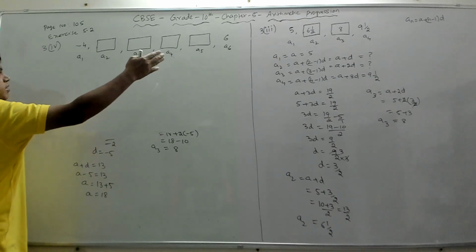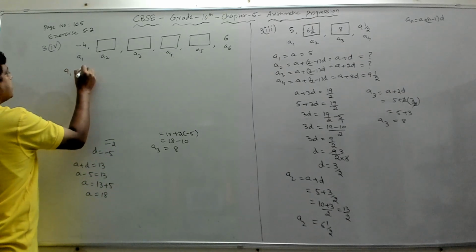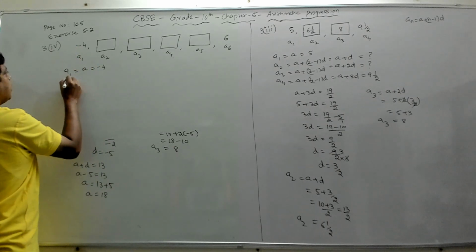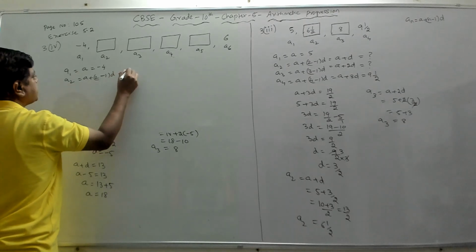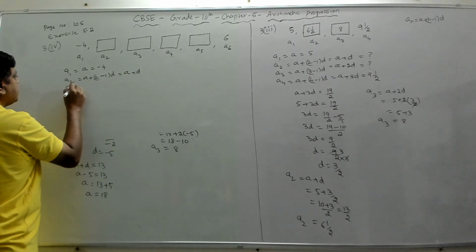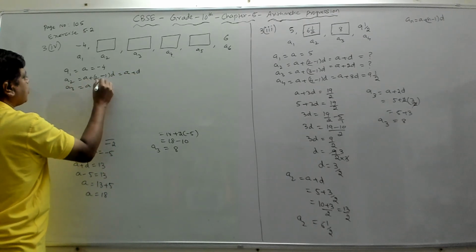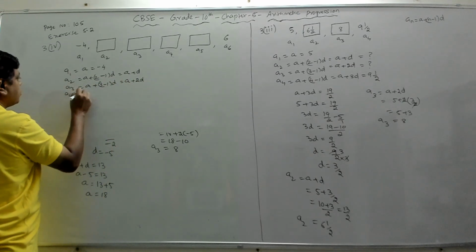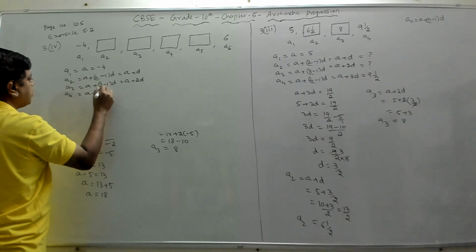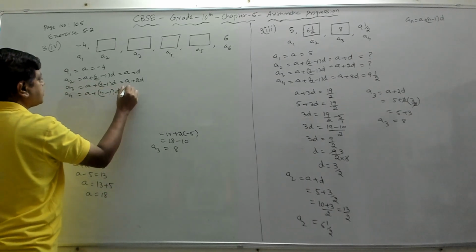So A1 is A, which is minus 4, and A2 is A plus 2 minus 1 into D, which is A plus D. Our A3 is A plus 3 minus 1 into D, which is A plus 2D. Our A4 is A plus 4 minus 1 into D, which is A plus 3D.